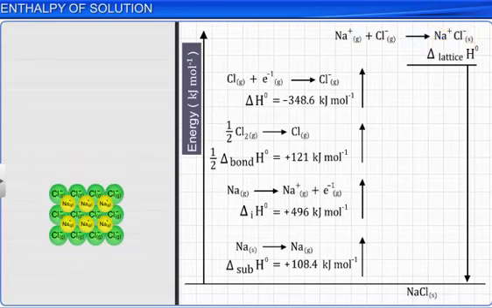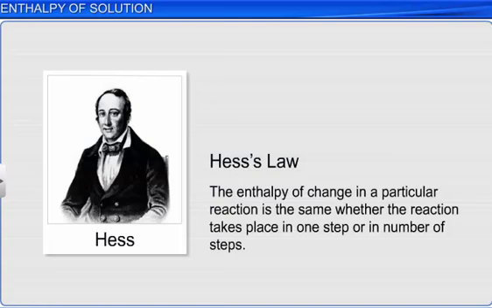Let's apply Hess's law to determine the lattice enthalpy released in this step. Hess's law states that the enthalpy change in a particular reaction is the same whether the reaction takes place in one step or in a number of steps.